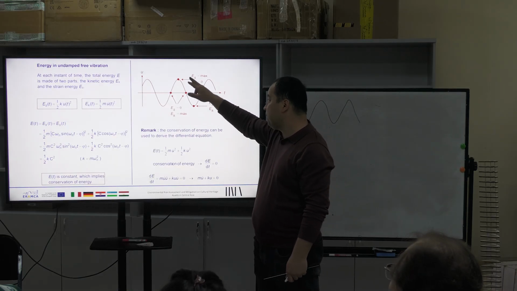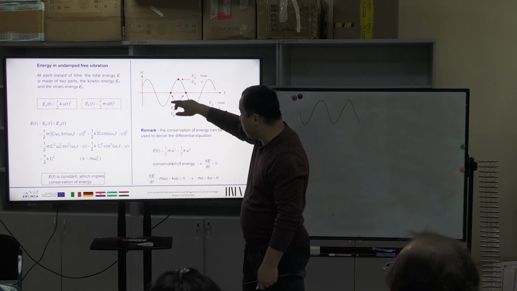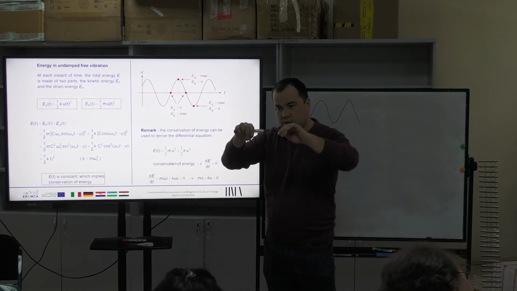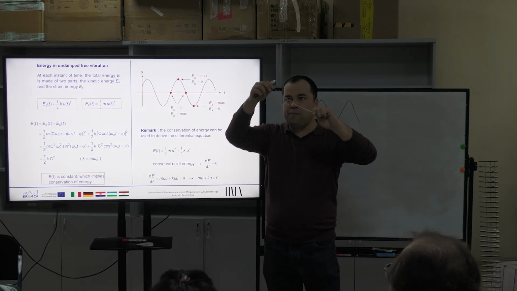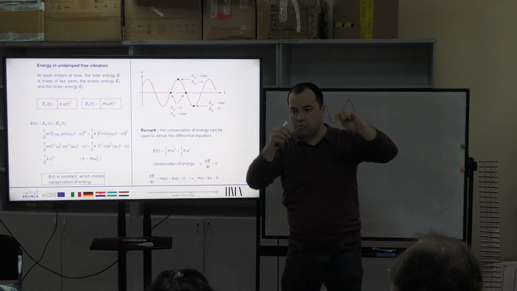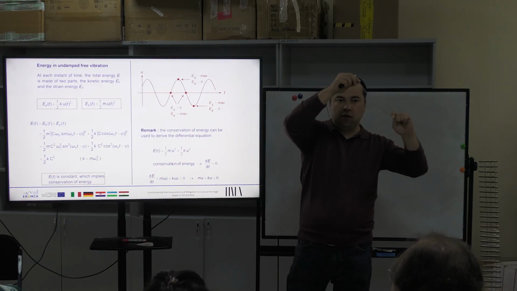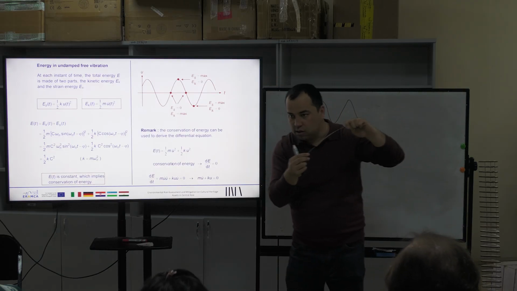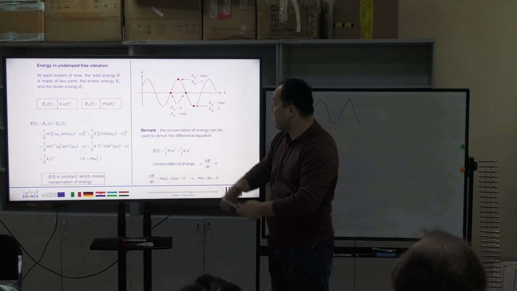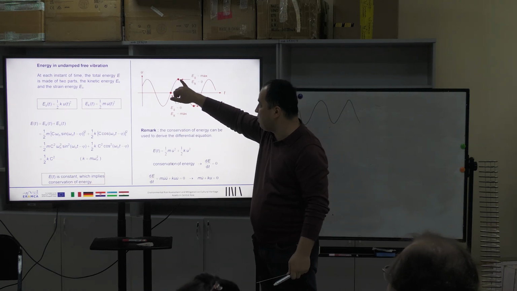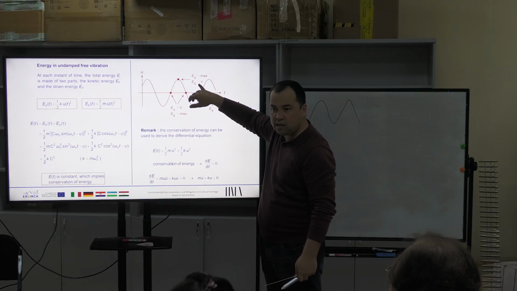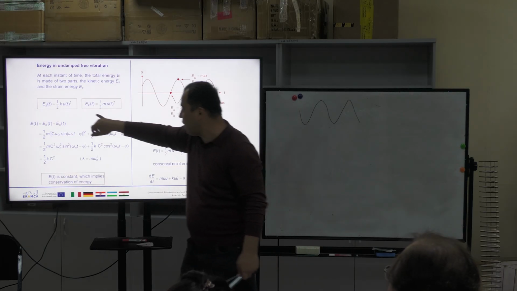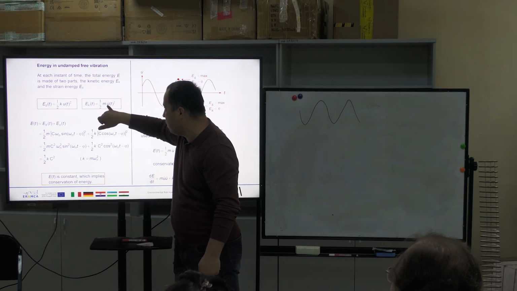Here we have velocity becoming 0. Look, it is going up, 0, and going down, 0, going up, 0, and going down. Did you understand? That's why here the velocity is 0. Velocity 0 means kinetic energy is equal to 0, because kinetic energy depends on velocity.